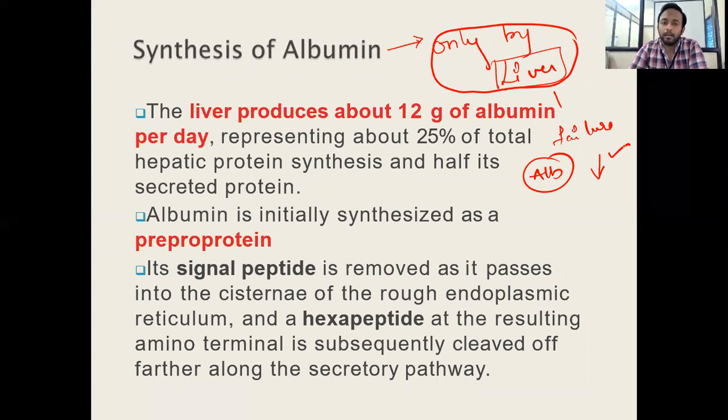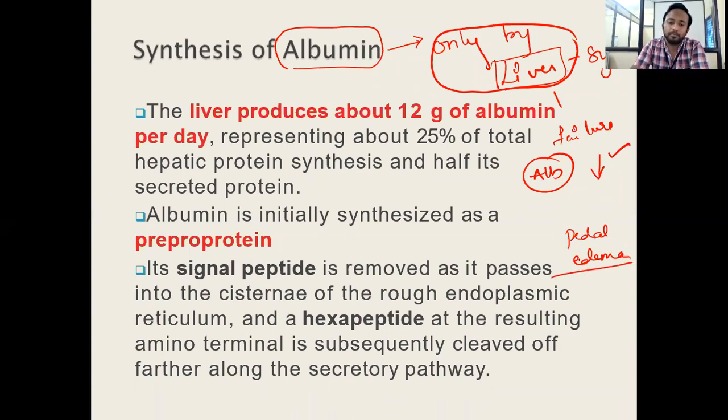Under such circumstances, the synthetic function of the liver is reduced, because of which the albumin levels also reduce. In such patients you might see the presence of pedal edema as well, because albumin has one important function, that is COP, colloidal osmotic pressure.